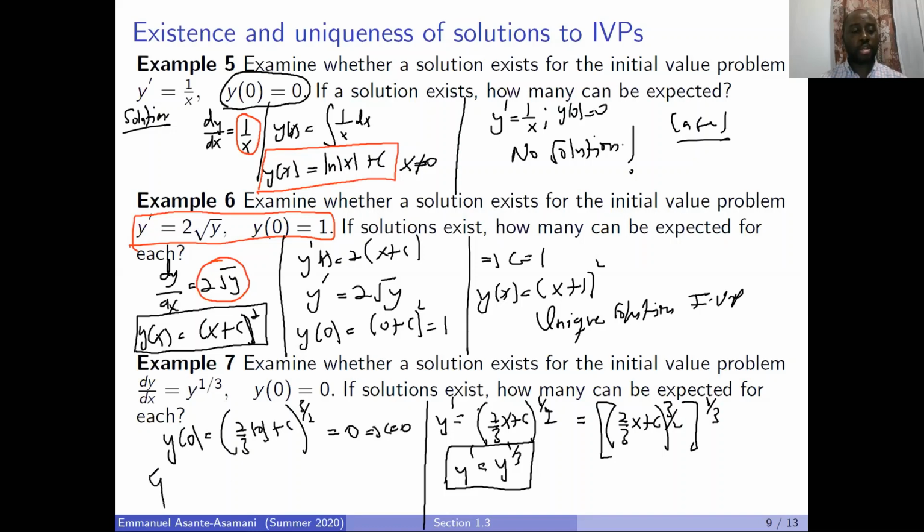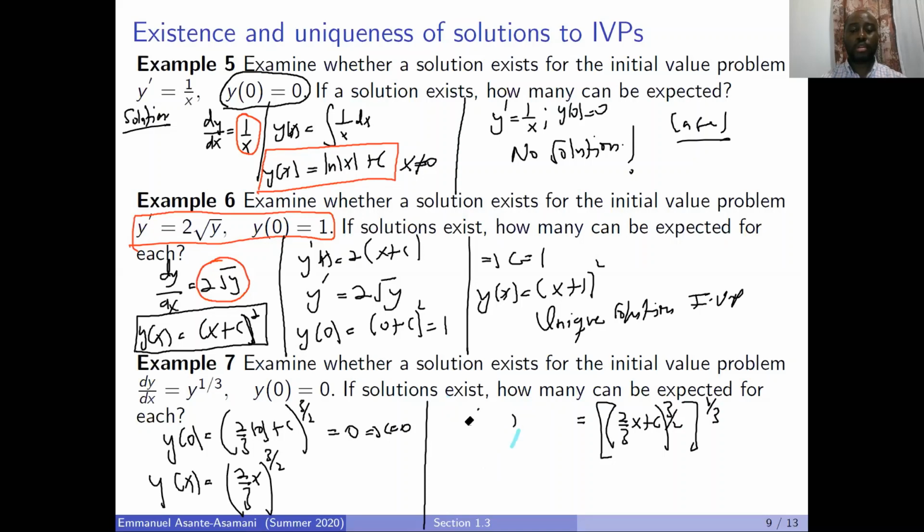And so a particular solution to the initial value problem is 2 over 3 x to the 3 halves. So I have found one solution out of my general solution.